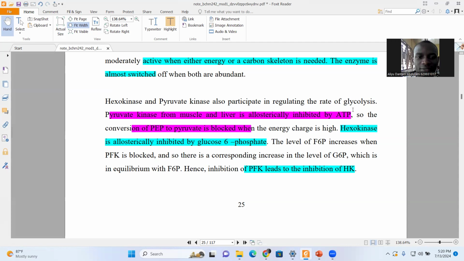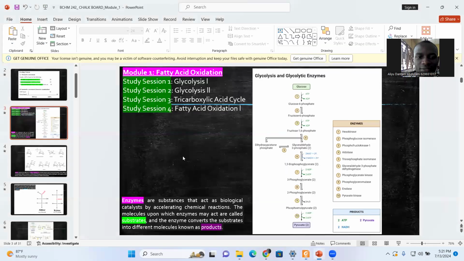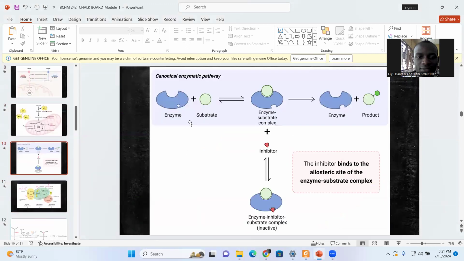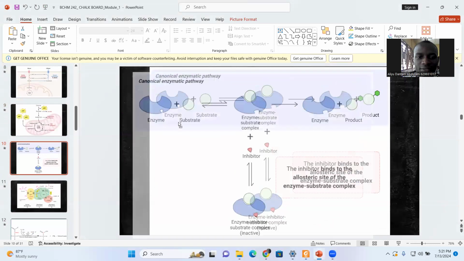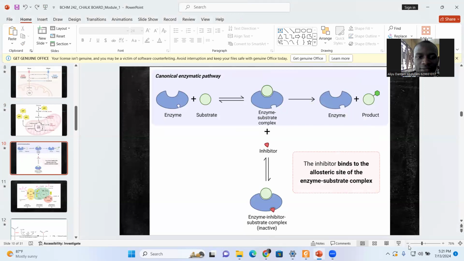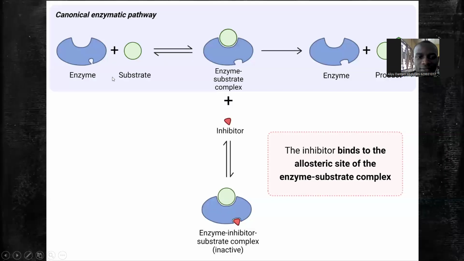I've explained it in the previous lecture as well, but let me just revisit it. Sometimes we tend to forget things. This is your enzyme. This is the active site, the catalytic site of your enzyme, where the glucose, the substrate, will bind to produce an enzyme substrate complex, which will now be converted to the product.